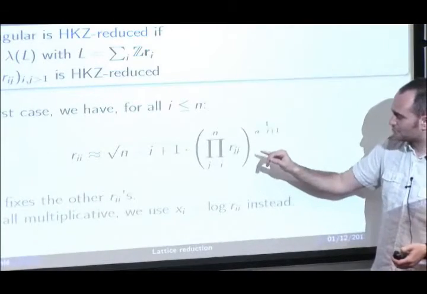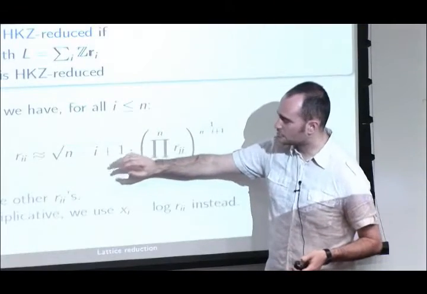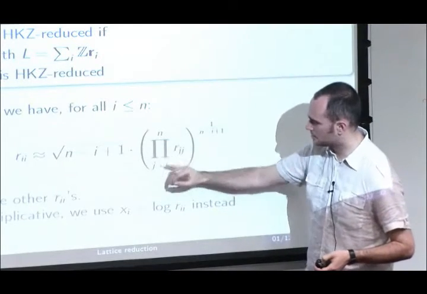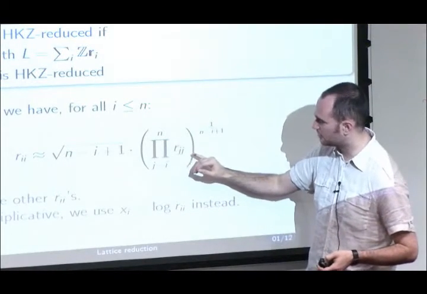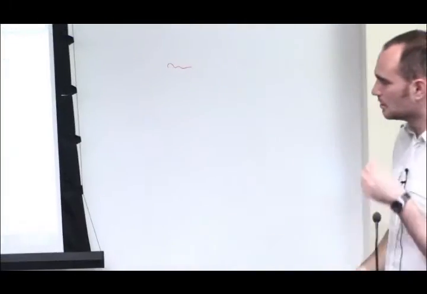Its determinant is just the product of the diagonal coefficients, which are the remaining Rjjs. So Rii, the least small it can get, is square root n minus i plus 1 times the product of the remaining Rjjs to the 1 over n minus i plus 1. So that's, if you do HKZ, the least good the output basis can be.